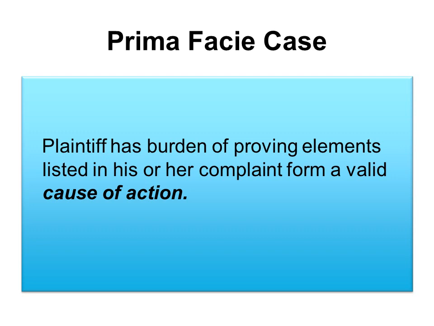We have to prove there are elements listed in the crime, in the statute or common law, and we write those down in a complaint, and we have to prove that we have a valid cause of action because the plaintiff has evidence that proves that the elements of the claim, or the cause of action that is, were met. So it's the same concept, and now we're just going to look at it in a civil perspective.